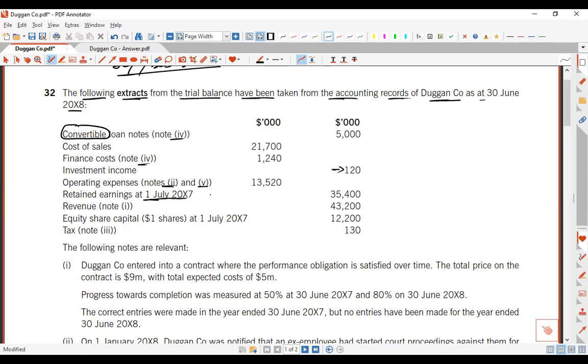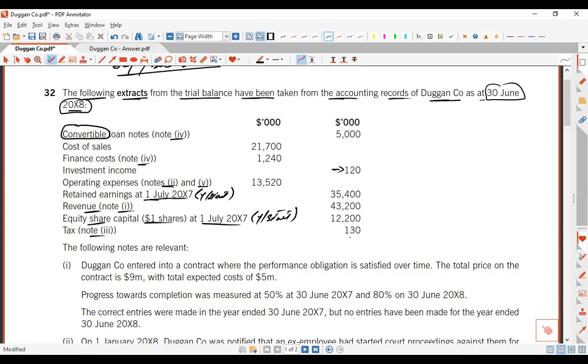Retained earnings. By the way, if the year end date is 30th June 2008, then it's 1st July when the year started, so retained earnings are given, which are 35,400. Revenue as per note 1. Equity shares par value is $1 at 1st July 2007. Again, it's the share capital amount given at year start.